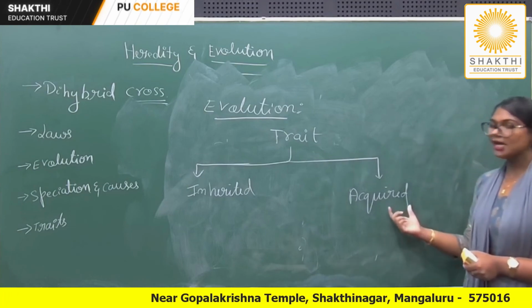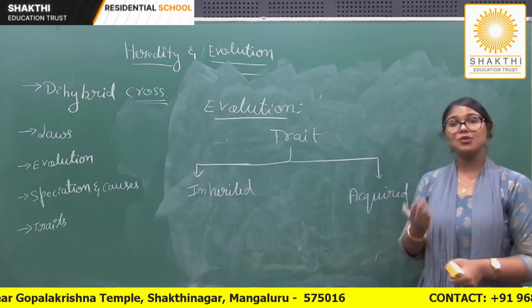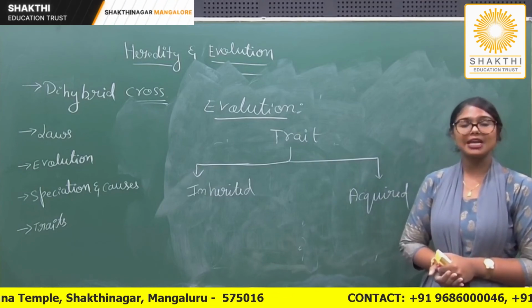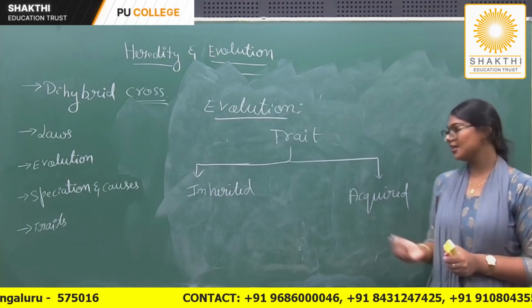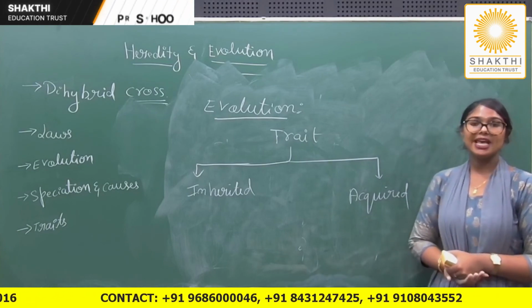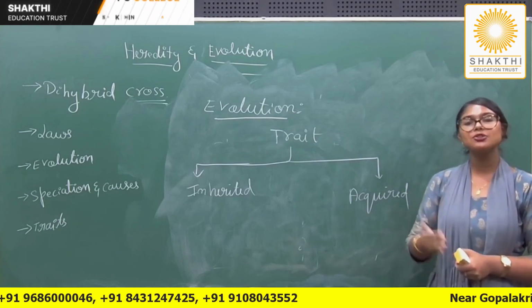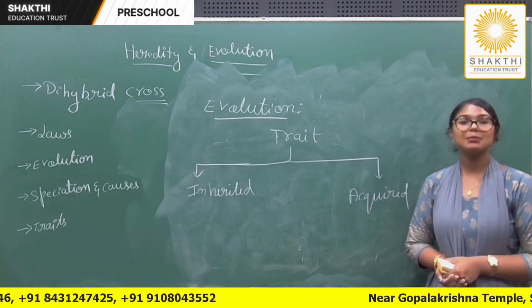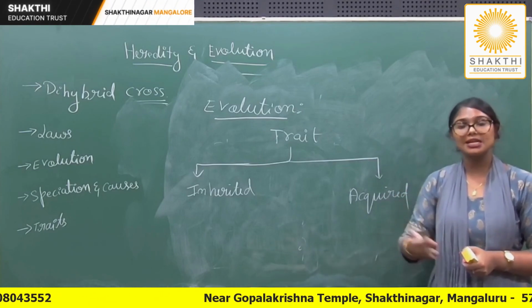What are acquired characters, students? The characters that we obtain during our lifetime because of the experiences that we have. These characters are called acquired characters. For example, you may not know how to dance at birth, but you go to dance classes and you start learning dance, you become a dancer.